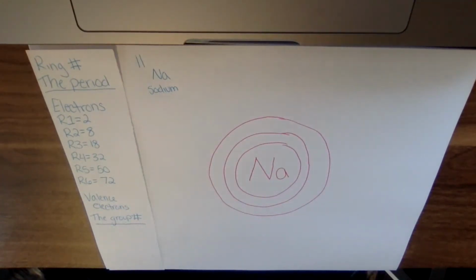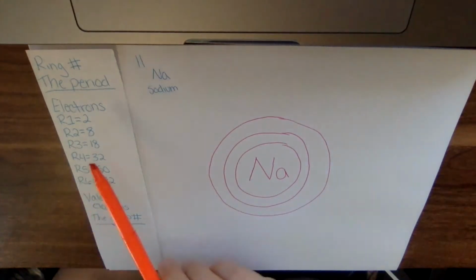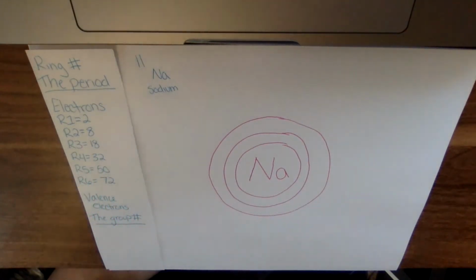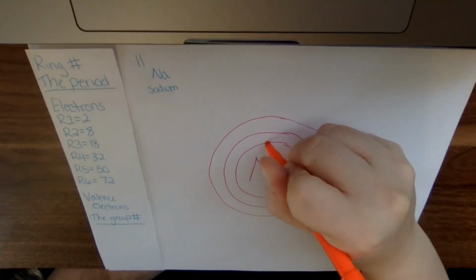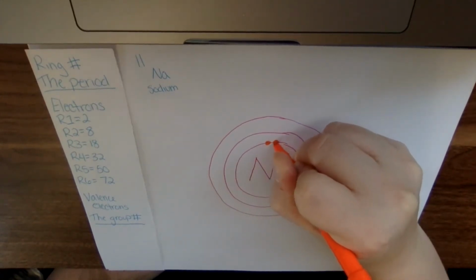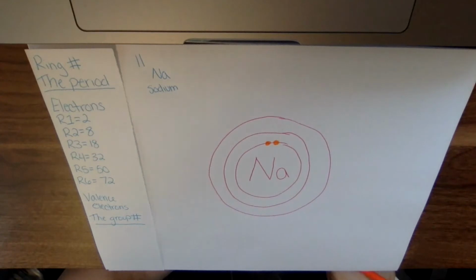Sodium has 11 electrons, and over here I put how many electrons go in each ring. In ring 1, I can have 2, so I'm going to fill in 2. With that, I have to fill in 9 more electrons to get 11.